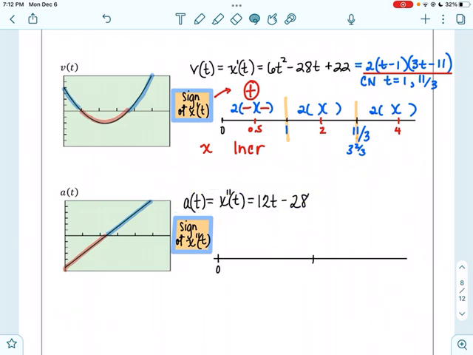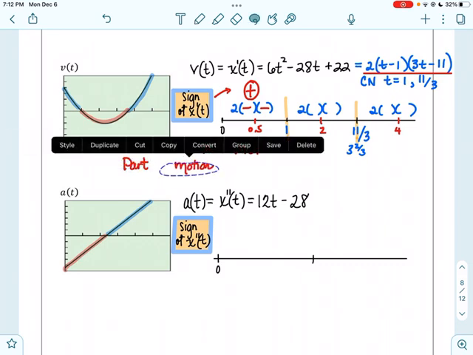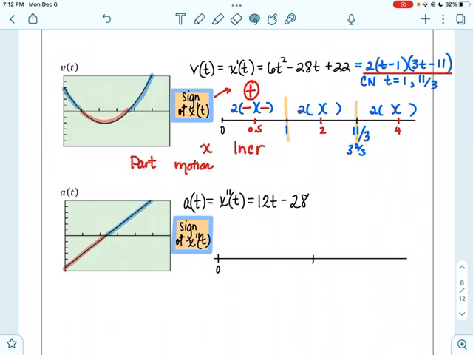If velocity is positive and it's a particle moving left or right on a line, we're going to say the particle motion, I would say that we're moving to the right then. Okay, or the particle is moving to the right.